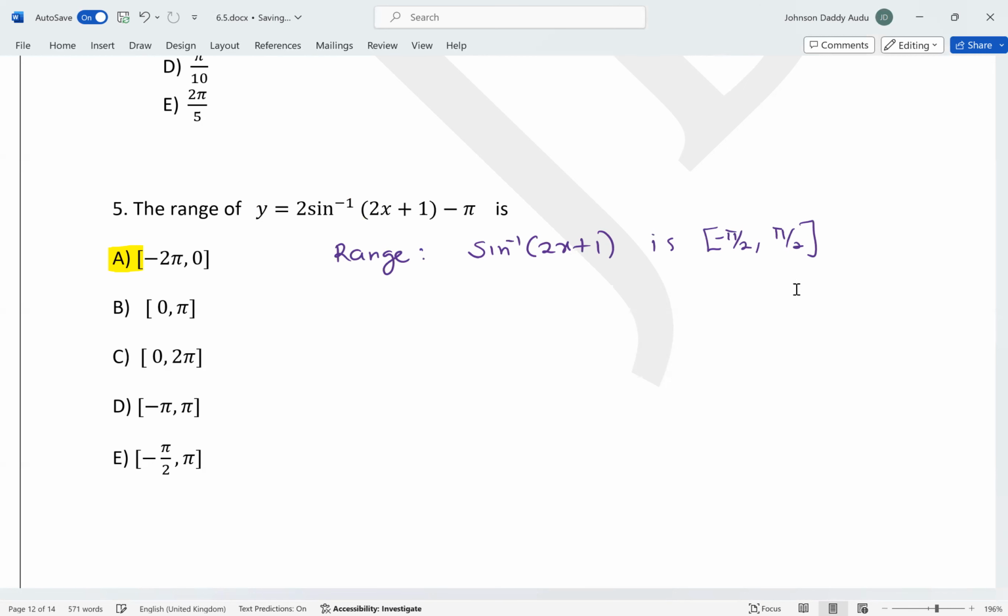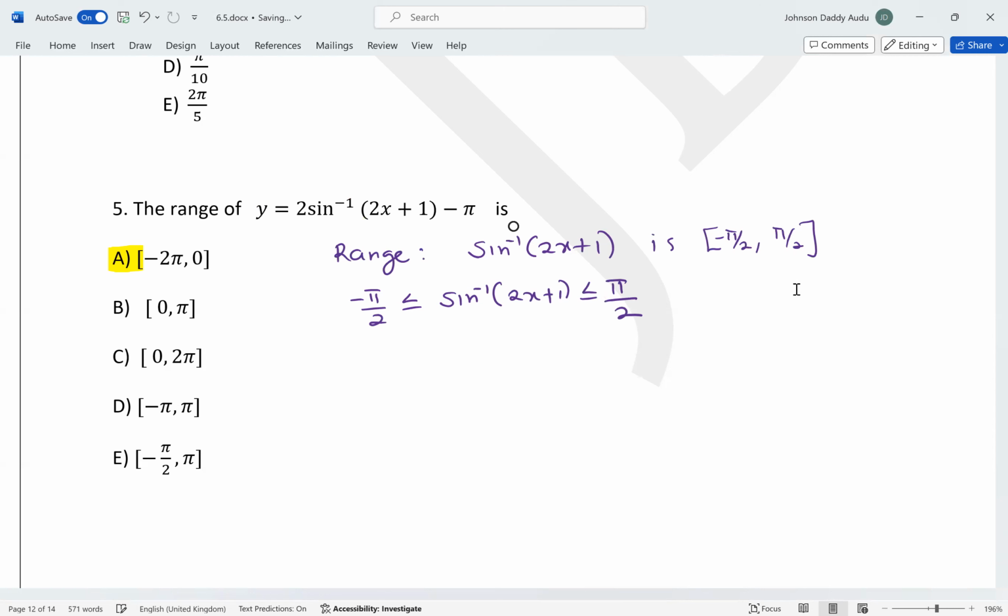This is always true. Then we just need to use this now to try to get what is y. So what does this mean? This means that you have minus pi over 2 is less than or equal to sine inverse of 2x plus 1, which is less than or equal to pi over 2.